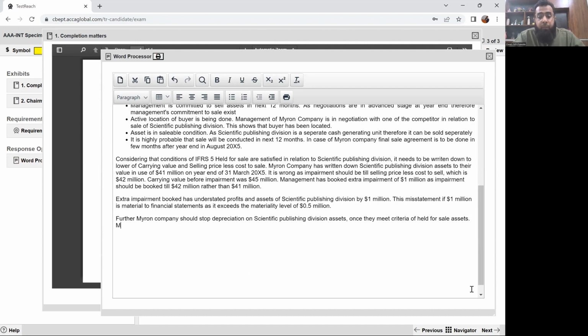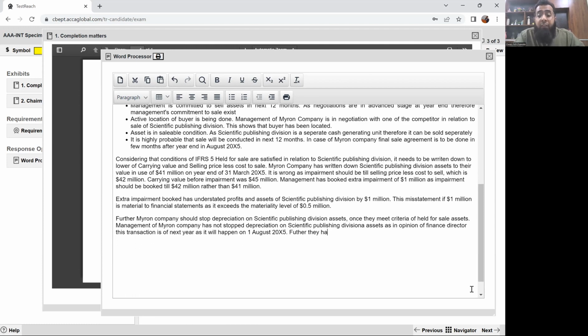Management of Myron company has not stopped depreciation on scientific publishing division assets as in opinion of finance director, this transaction is of next year as it will happen on 1st August 2005. Okay.